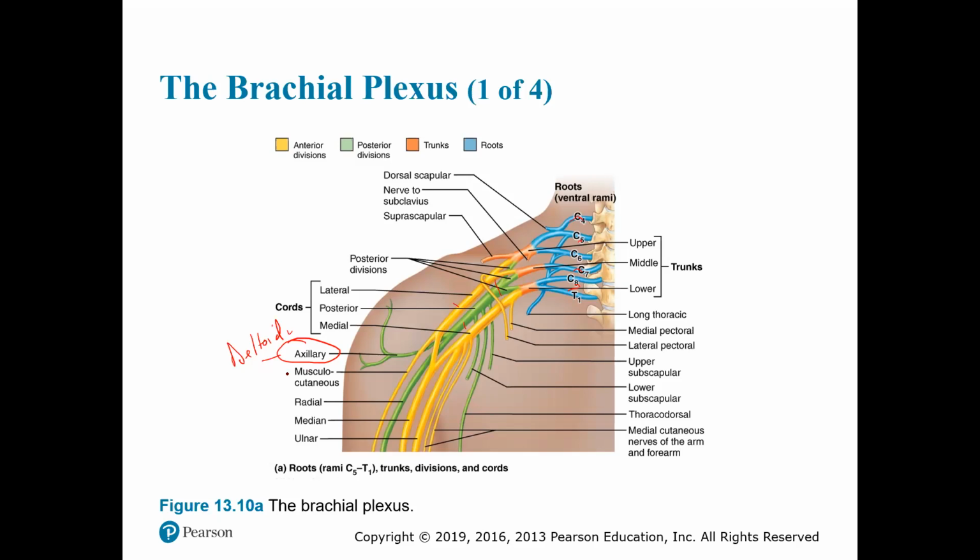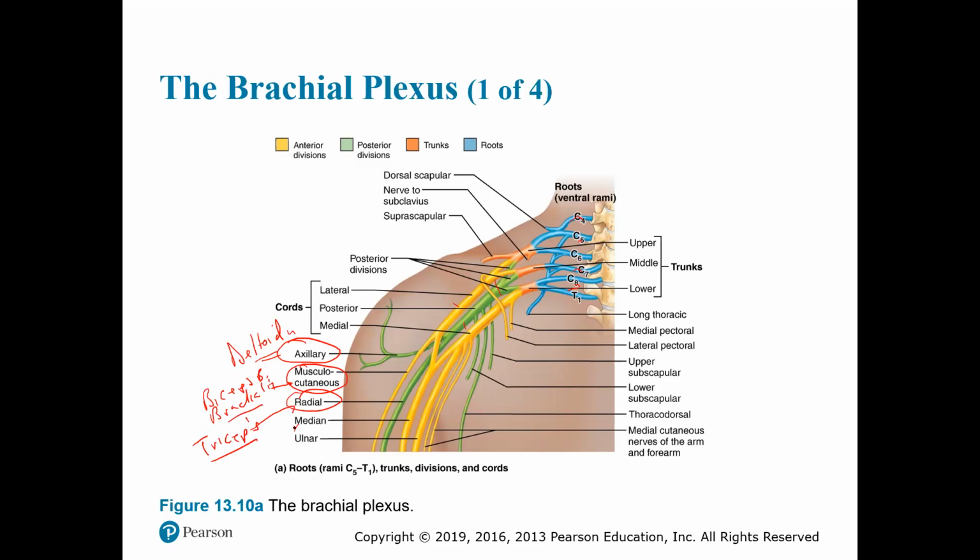The musculocutaneous nerve innervates the biceps brachii and the brachialis. The radial nerve innervates the triceps brachii. See how that forms those innervations.